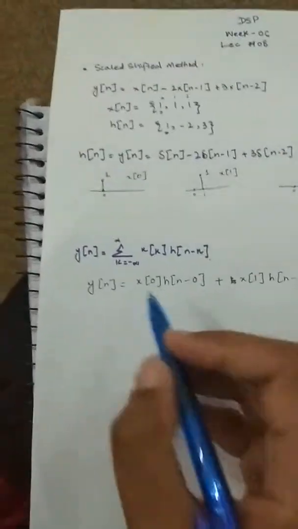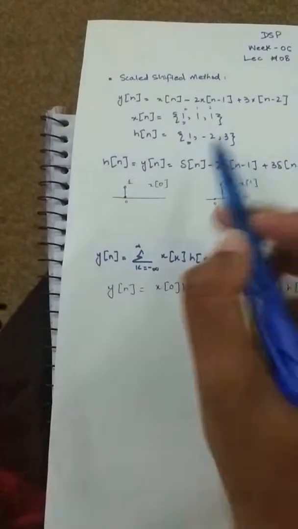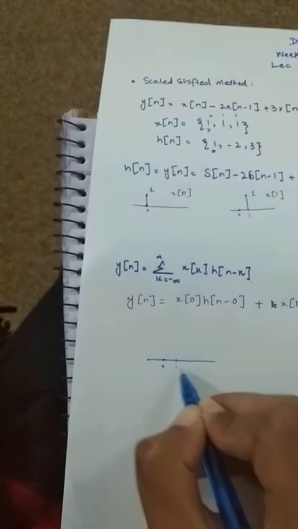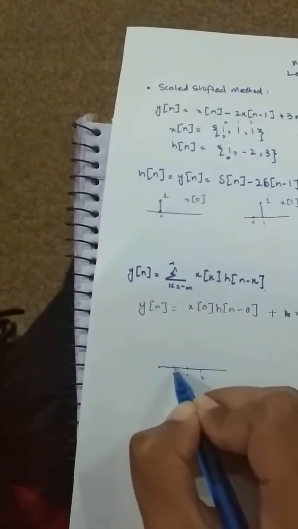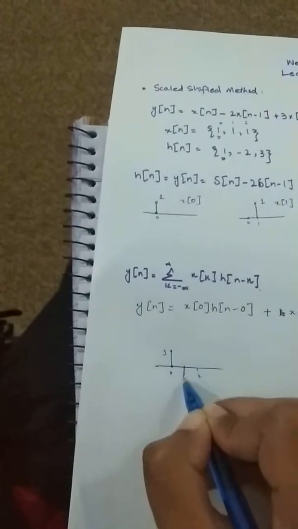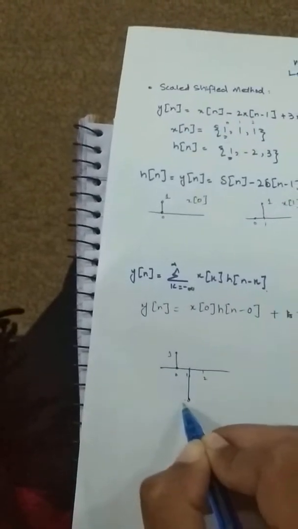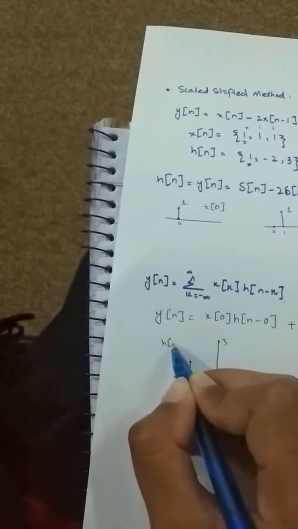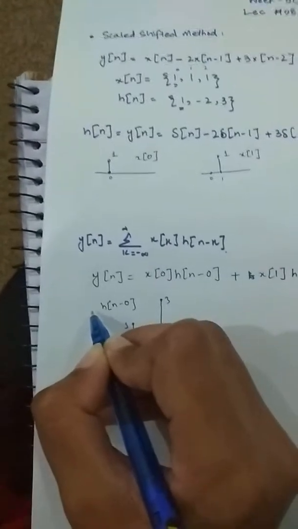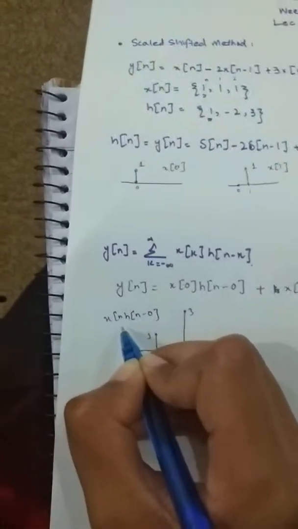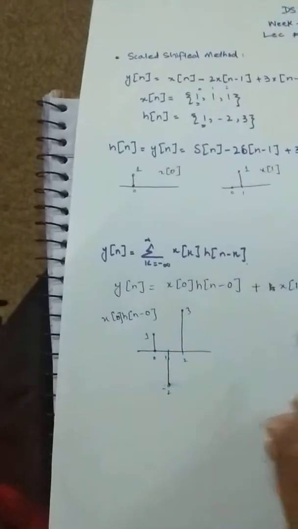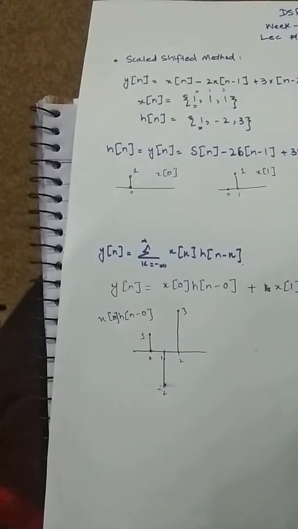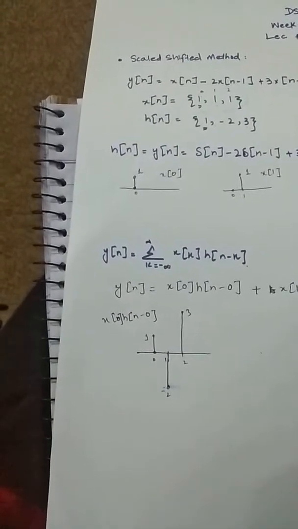Now we will be plotting h of n. I will plot 0, 1, and 2. At 0 it is 1, at 1 it is minus 2, and at 2 it is 3. It is h of n minus 0 and x of 0. Now the scaled version that I'll plot will be 0, 1, 2, 3.